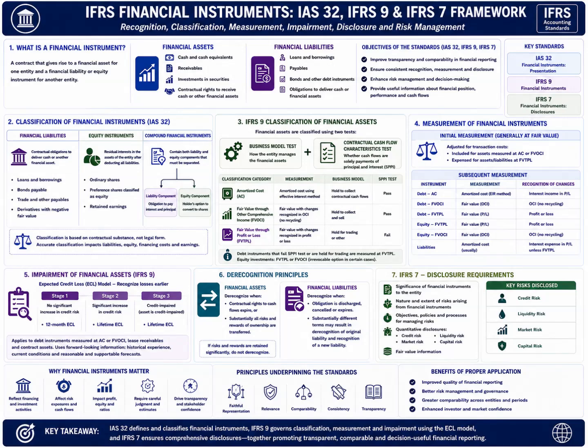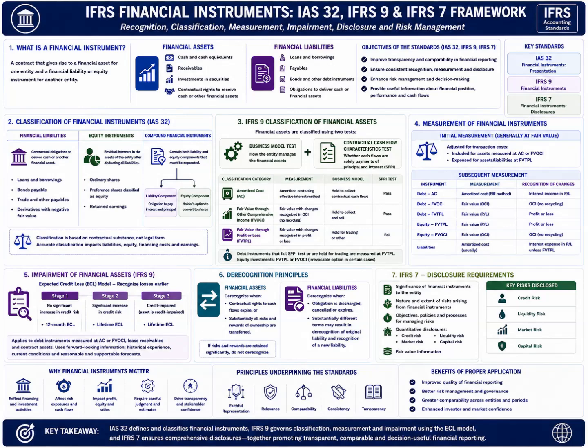Impairment accounting under IFRS 9 represents a major change from previous incurred loss models by introducing the expected credit loss, ECL, approach. Entities must recognize expected credit losses from the time financial assets are initially recognized, even if no actual default event has occurred. The impairment model applies primarily to debt instruments measured at amortized cost or FVOCI, lease receivables, and contract assets.